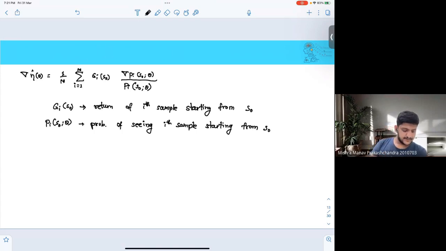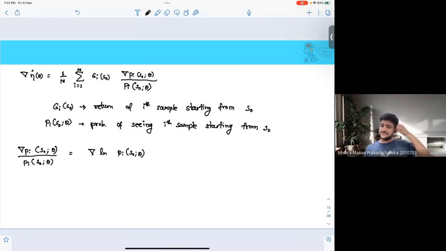And if I take this particular quantity, pi s naught theta by pi s naught theta, I can represent it as the derivative of ln of pi s naught theta.